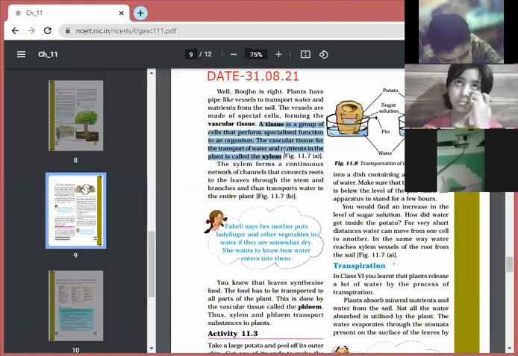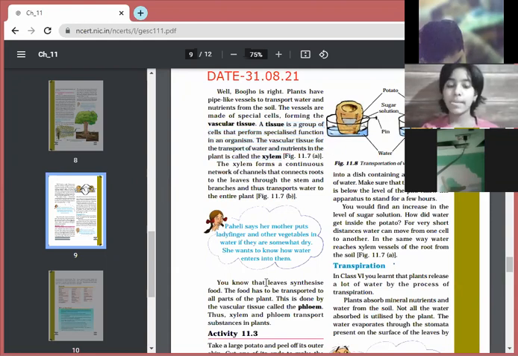You may get a question for 1 mark or 2 marks: what is the function of xylem and what is the function of phloem? The leaf synthesizes food, and that food is to be transported to all parts of the plant. That is done with the help of phloem. Thus xylem and phloem transport substances in plants as arteries and veins do in our body.